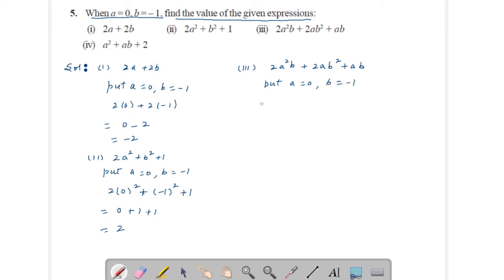What will you get? 2 into 0 square into minus 1, plus 2 into 0 into minus 1 square, plus 0 into minus 1.